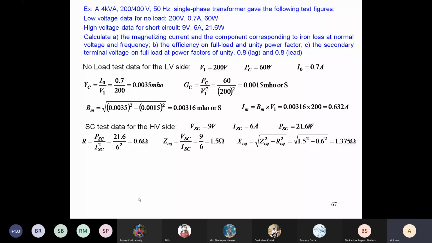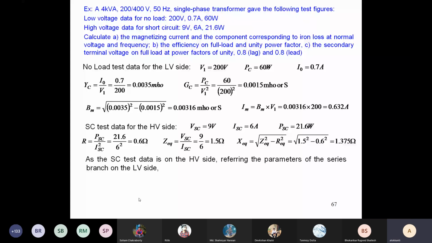Once we have found this, basically we can draw the equivalent circuit. So for drawing the equivalent circuit, what is required?